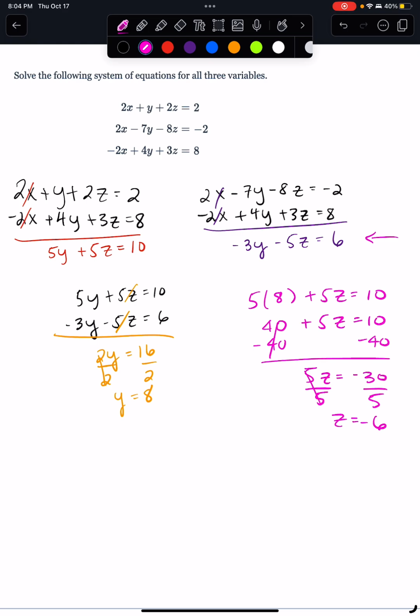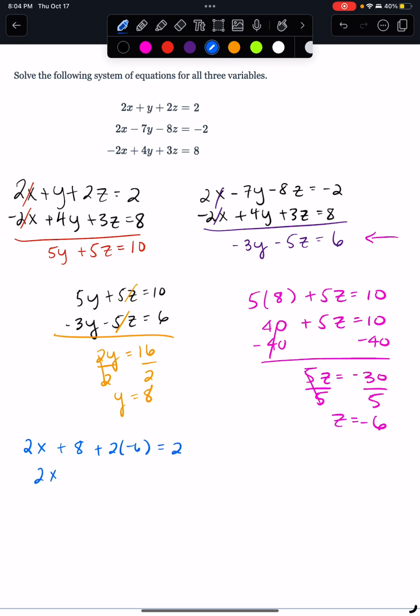So now we have our y value, we have our z value, and now we want to go through and get our x value. So to get our x value, we're going to have to go back to one of the three original equations. It doesn't matter which one. I'll just pick the first one. So we have 2x, we're still looking for x, we don't know what that is, plus y, which is 8, plus 2 times z, which is negative 6, is equal to 2.